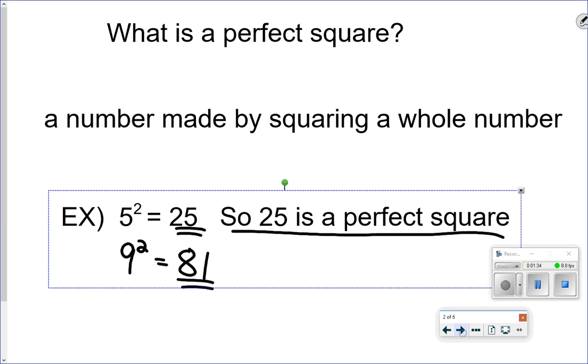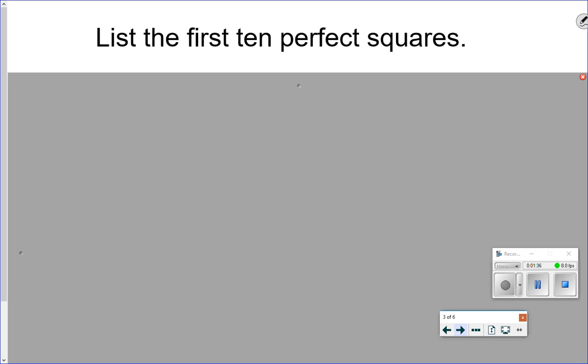So let's start off by listing the first 10 perfect squares. The very first one would be 1, because 1 times 1 gives us 1. The next one would be whatever 2 times 2 is. That would be the next biggest perfect square. So the first one is 1, then 4.